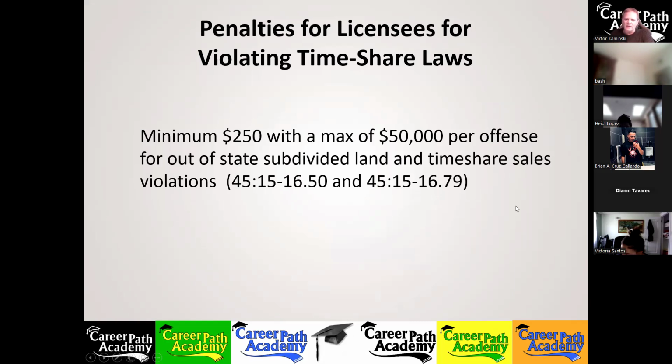Those are the statutes within the law that cover timeshare sales. So the minimum fine possible is $250 with a maximum of $50,000 per offense.